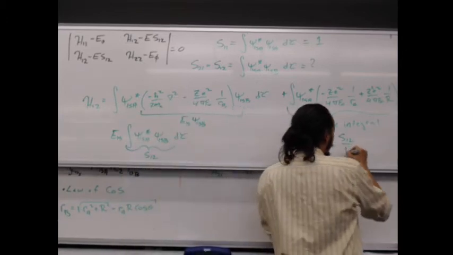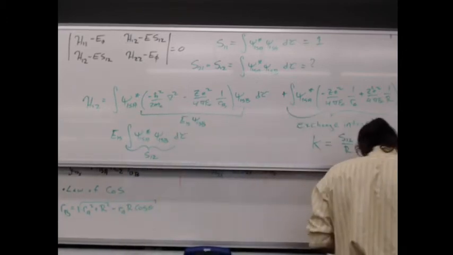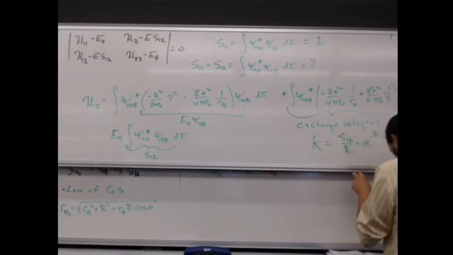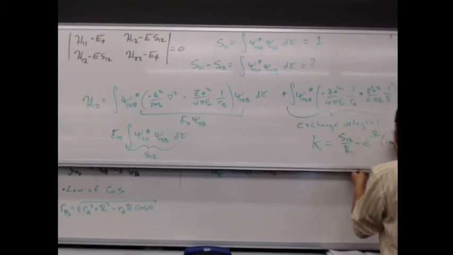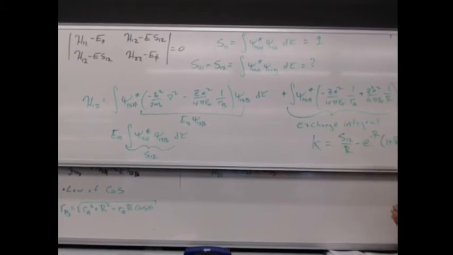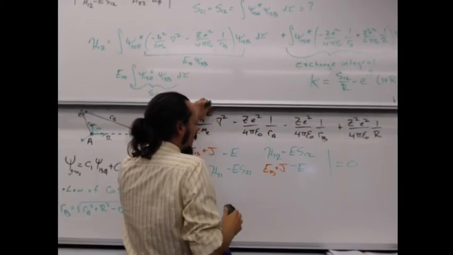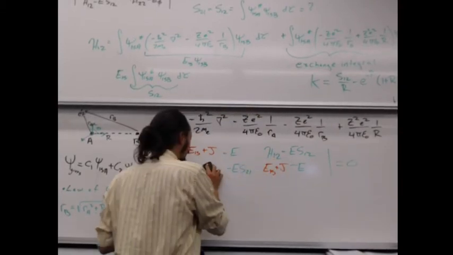It's going to have an S12 over capital R minus e to the negative R, 1 plus R. But what I'm going to do is I'm just going to go ahead and substitute that in.